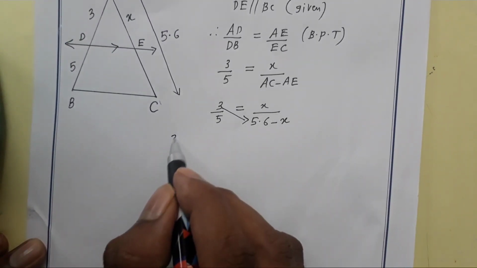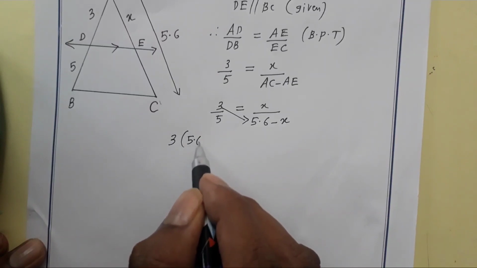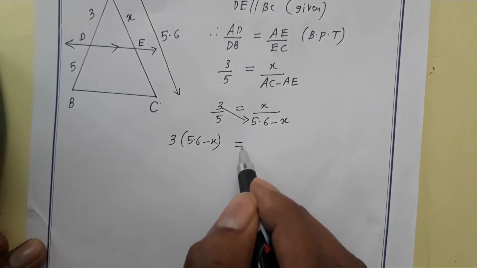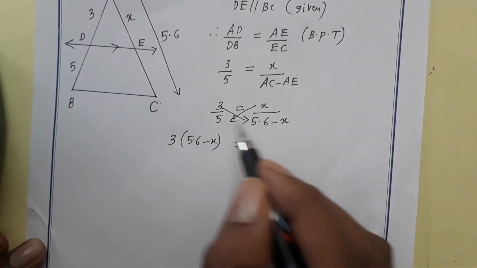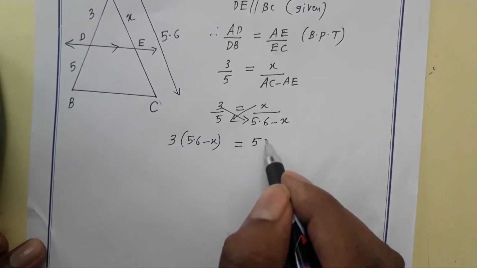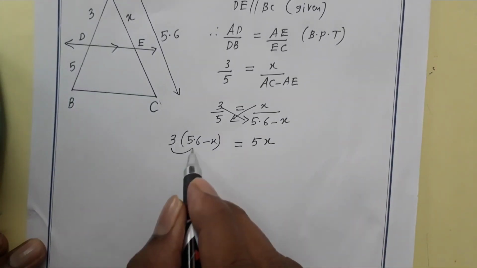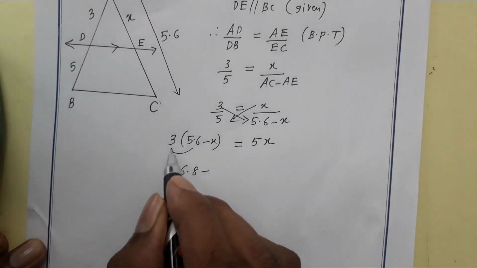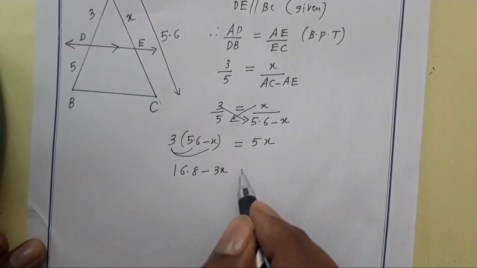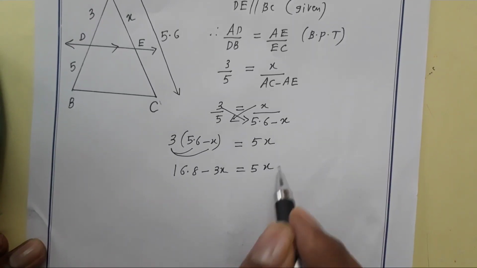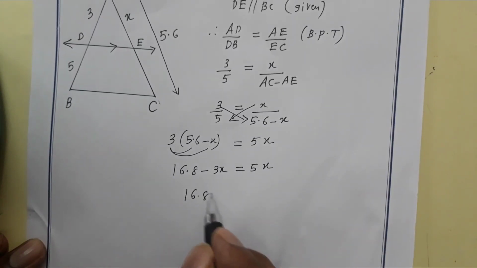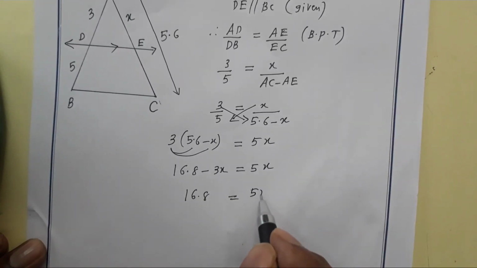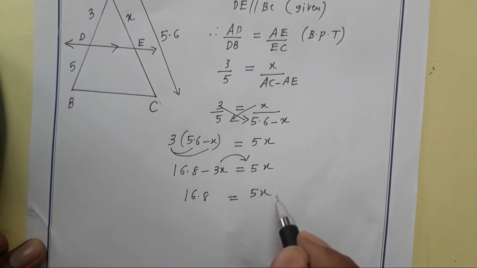First you multiply these two. 3 into 5.6 minus X is equal to, next you multiply this, X into 5, 5X. This 3 into 5.6, 16.8, 3 into X, 3X, that is equal to 5X. So 16.8 is equal to 5X minus 3X becomes plus 3X.